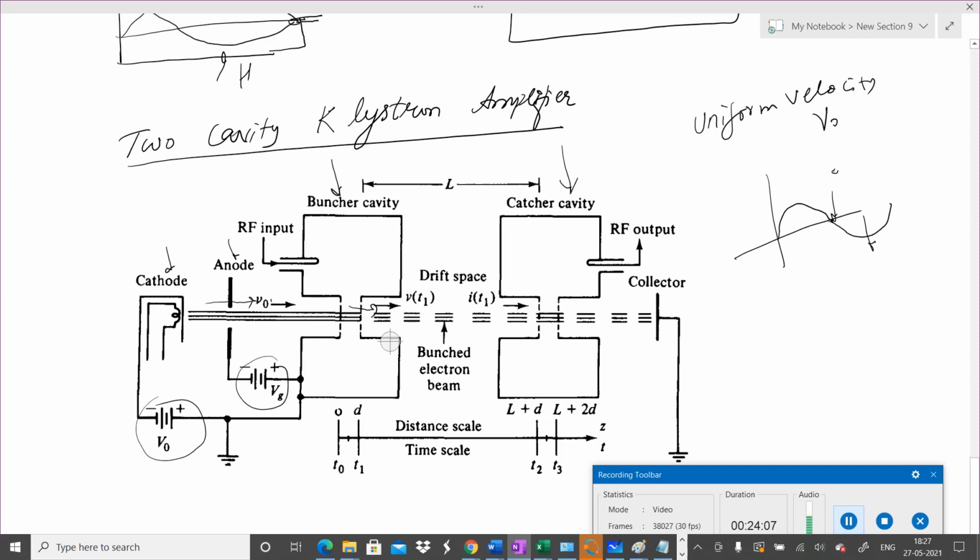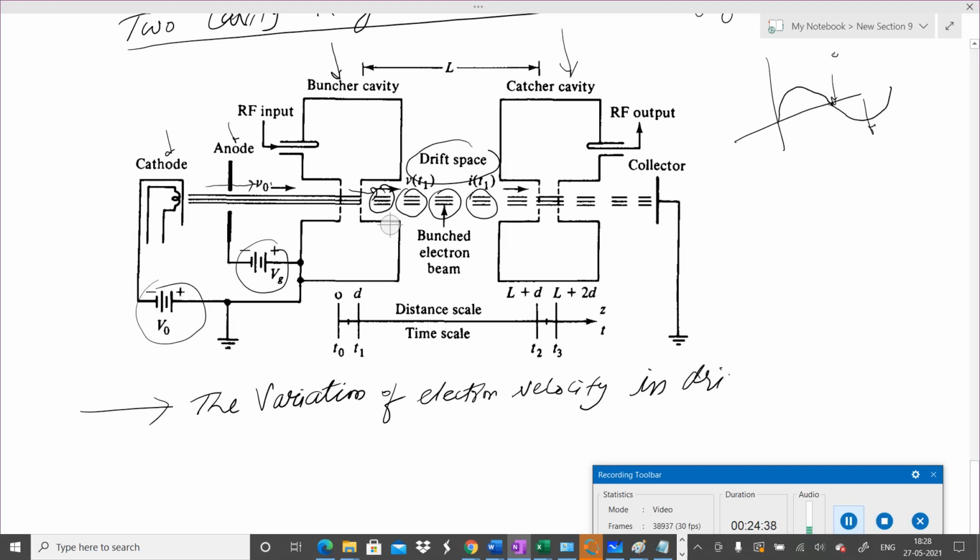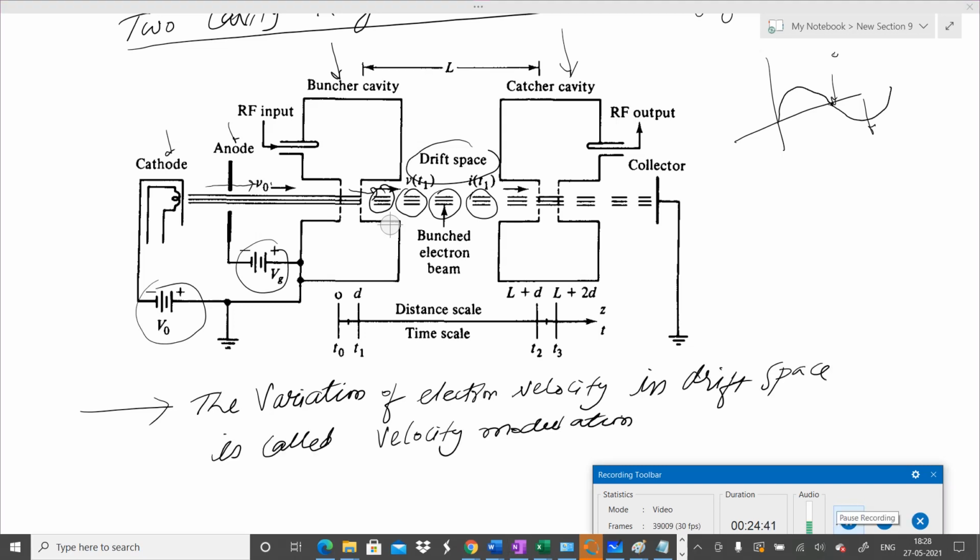So after the buncher cavity, the fast moving electrons will be bunched together, and slow moving electrons will be bunched together. Several bunches will be formed after passing through this cavity. The space where the bunches are formed is called the drift space. And here is one important term, velocity modulation. That is the variation of electron velocity in the drift space.